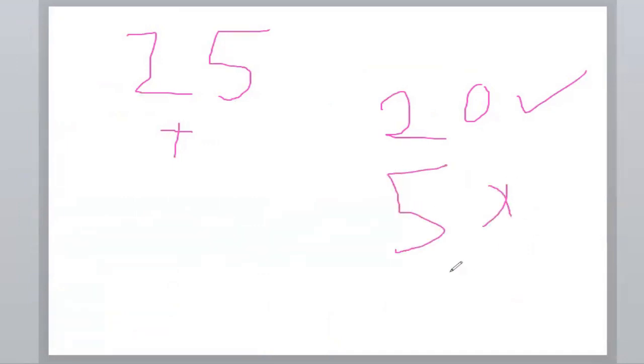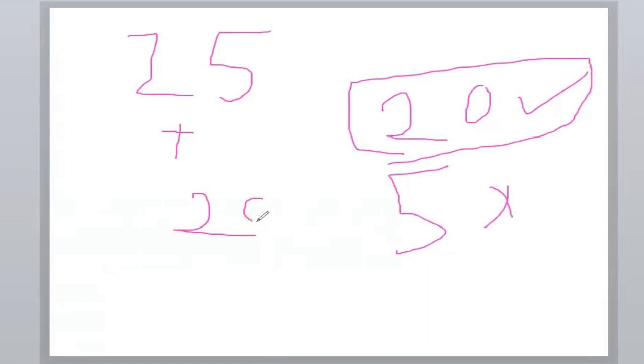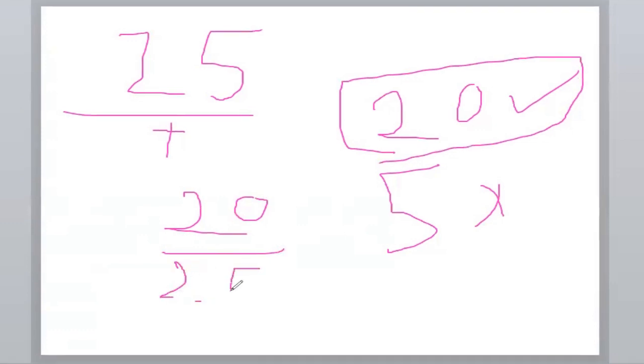So the formula to calculate this accuracy is correct predictions, which are 20, divided by the total number of predictions, which is 25, and this division will give you the accuracy.